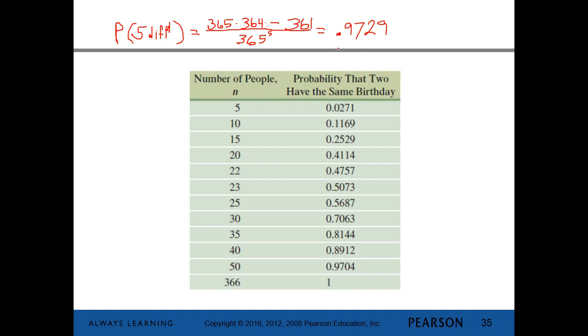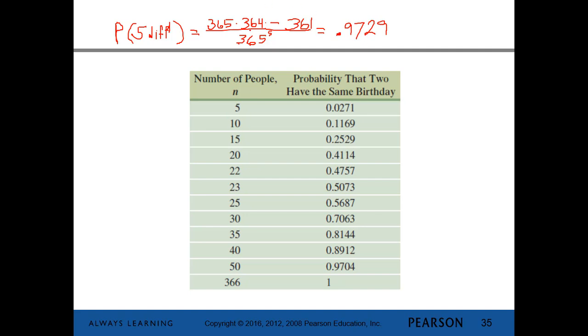So this is the probability of having 5 people with different birthdays. And so the probability of having 2 people with the same birthday is going to be 0.0271.